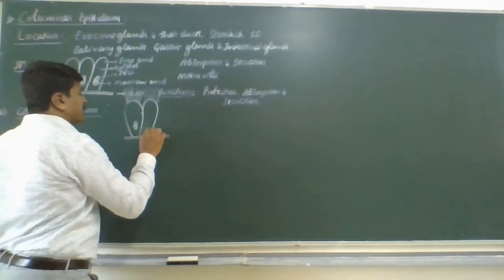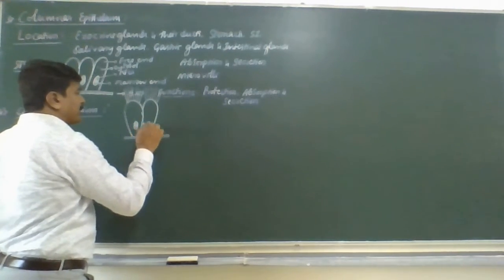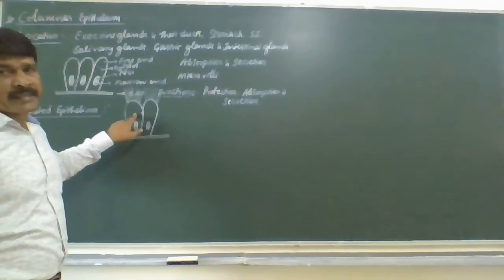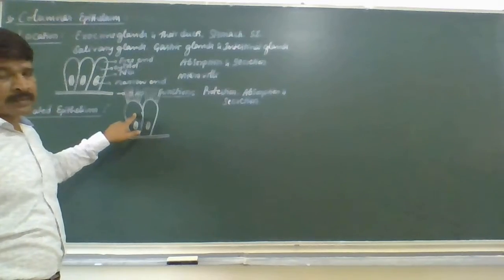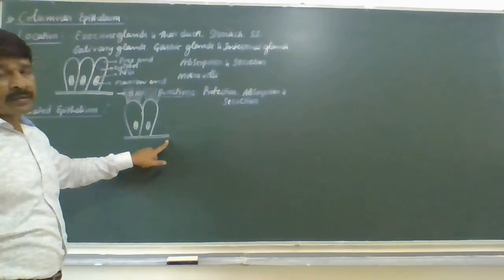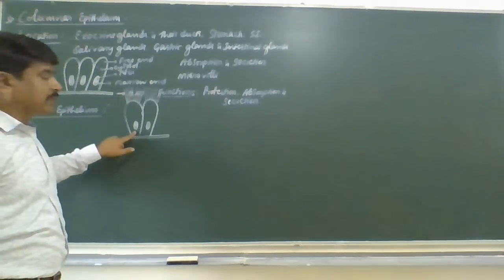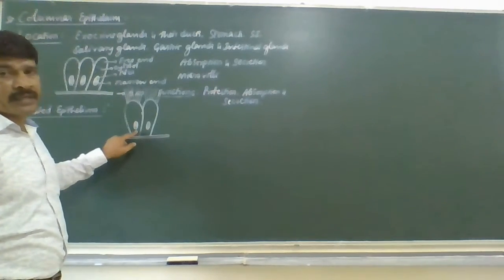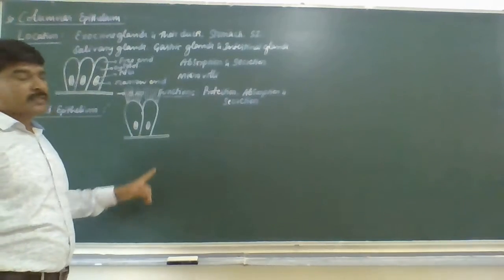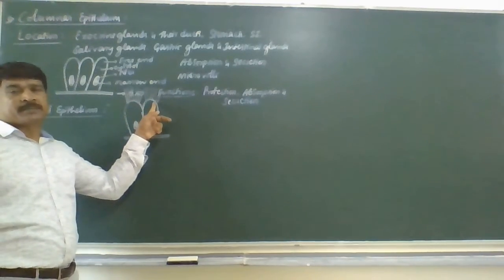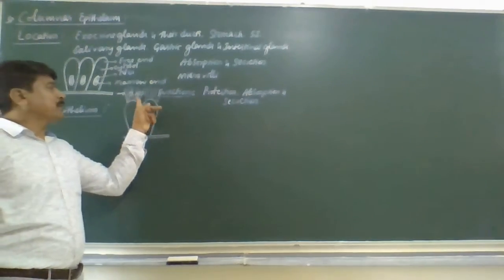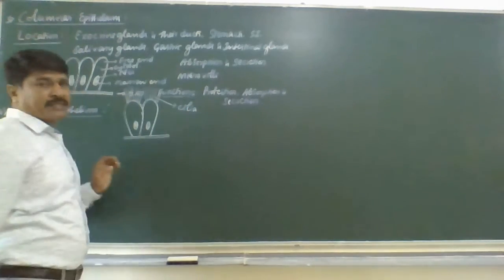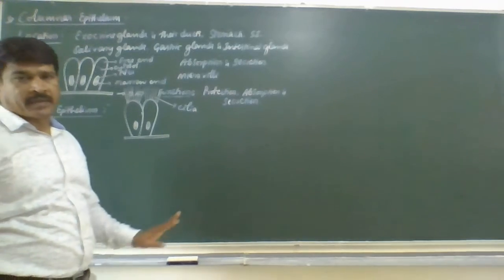Rest of the characters are exactly similar to the columnar epithelium. Like columnar epithelium, here also cells are elongated, columnar and pillar-like, resting on the basement membrane. Each cell has a broad free end and a basal narrow end. The nucleus is elongated, located near the basal narrow end. But the difference is that the broad free end of the cells bears numerous hair-like protoplasmic structures, called cilia. I think you are getting it.